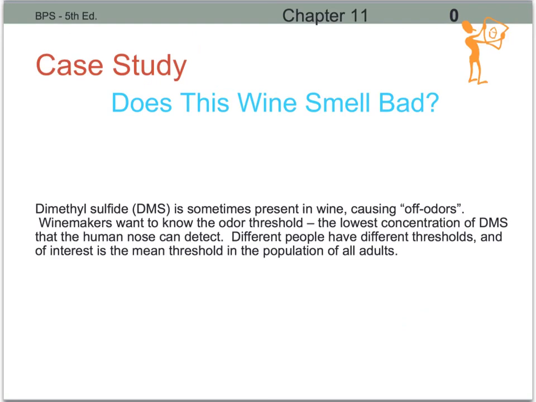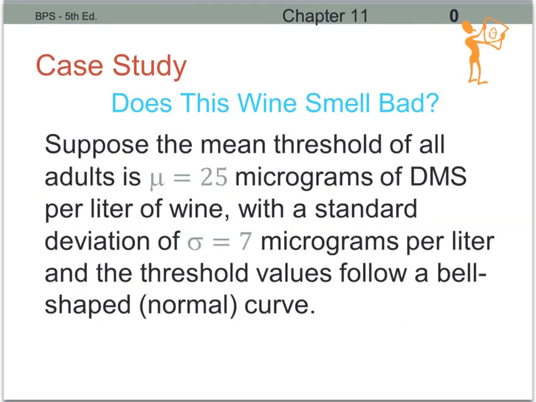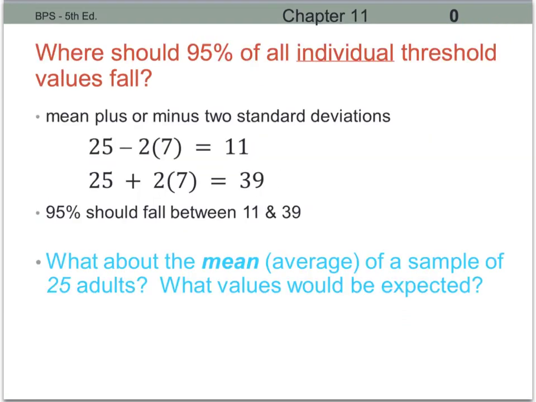They're going for the mean threshold of all adults in the population. So let's suppose that the average threshold is 25 micrograms of DMS per liter of wine, with a standard deviation of 7, and that the threshold values follow a bell-shaped curve. After much research, let's say they came to this conclusion.